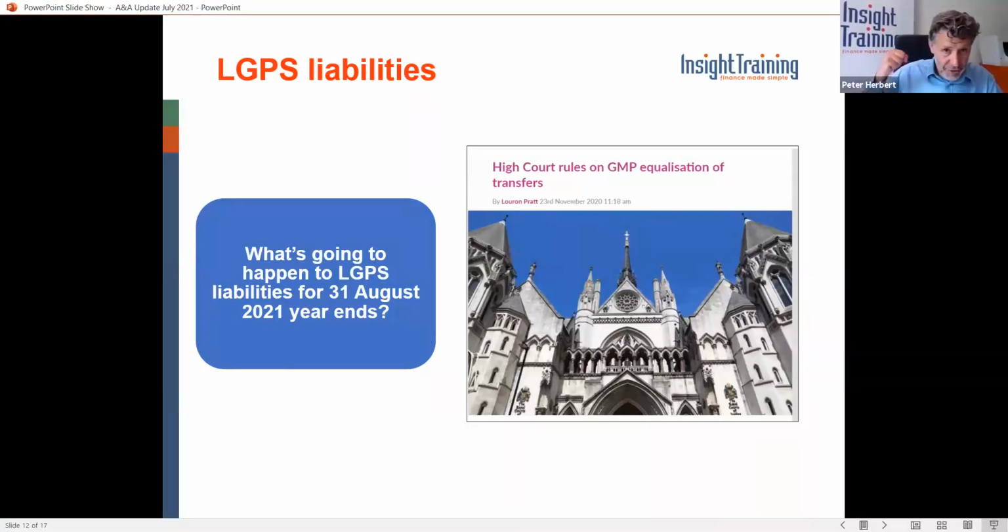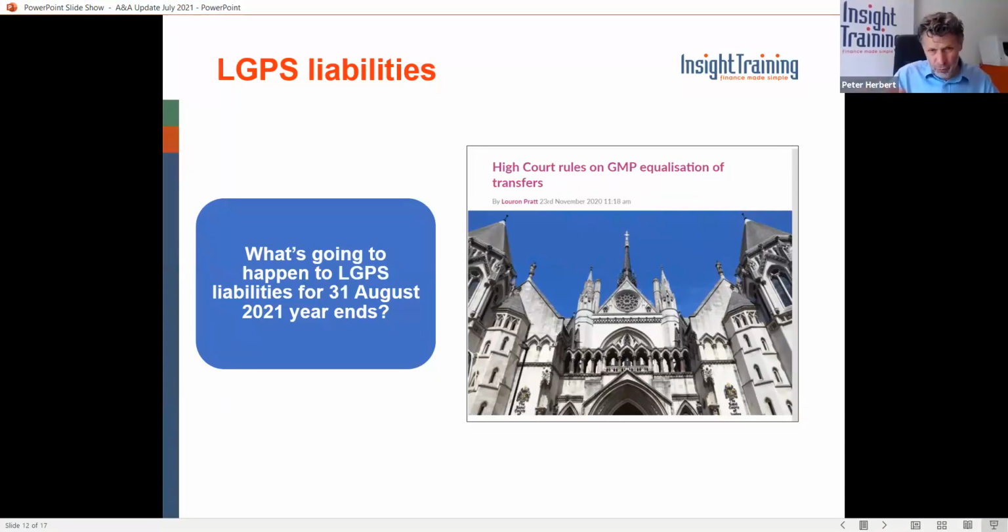And that again, in turn, increased liabilities in that situation. The ruling in November of last year has been to do with transfers, i.e. scheme members as of 1990 that subsequently transferred their contributions out, and were they eligible for top-up as well?